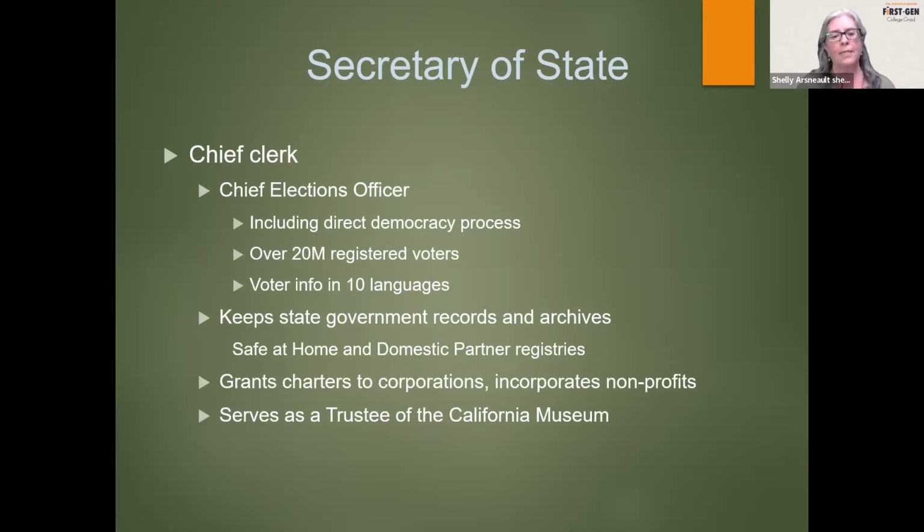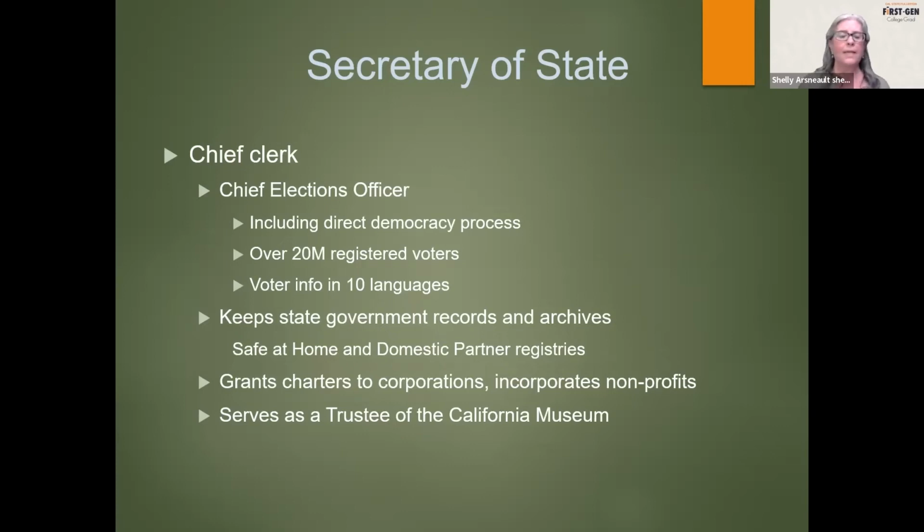What this does is for victims of domestic violence and other, stalking, things like that. Safe at Home program allows those folks to get an alternative address so that they are not easily tracked by someone who might wish to do them harm. So again, a really important program that's run through Secretary of State.